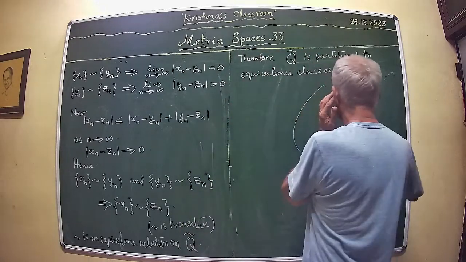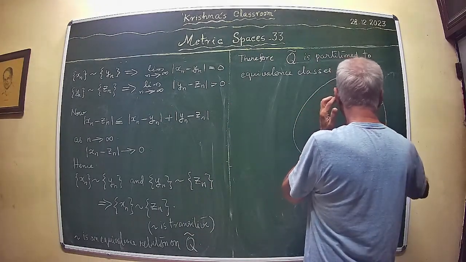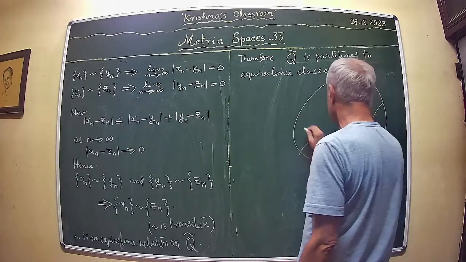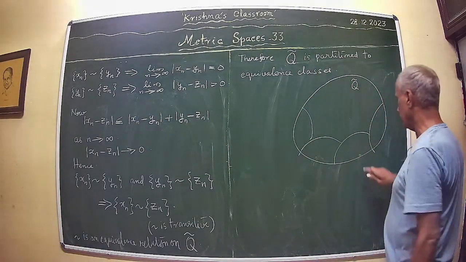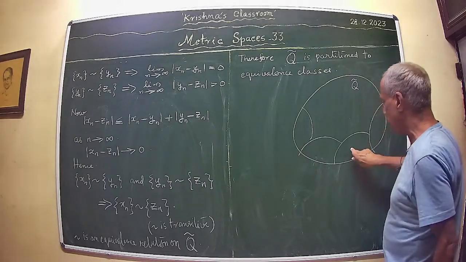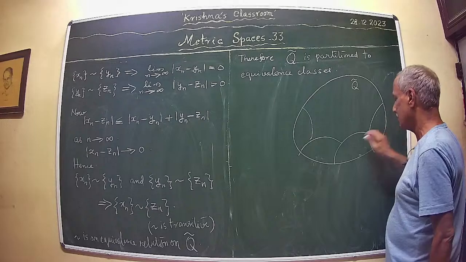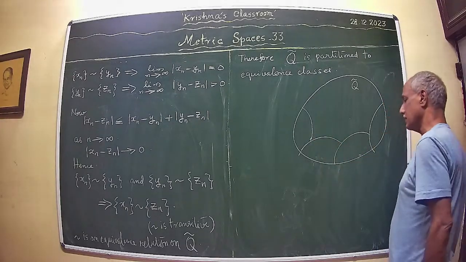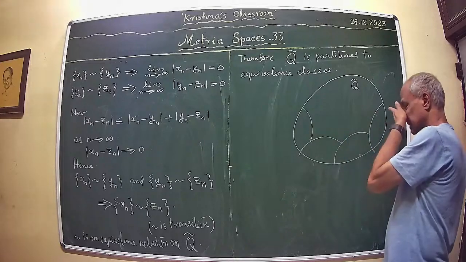So what we have is this. This is what you call Q tilde. Now on which you have classes. If you take an element here and an element here, they are not related. That's what we mean by partition. Okay? So it is partitioned into equivalence classes.